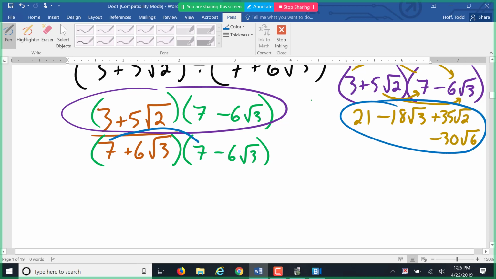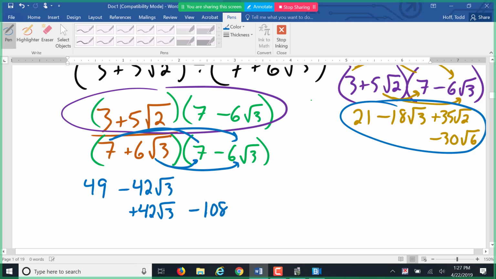7 times 7 is 49. 7 times negative 6 root 3 is negative 42 root 3. 6 root 3 times 7 is a positive 42 root 3. 6 root 3 times negative 6 root 3 is negative 108.